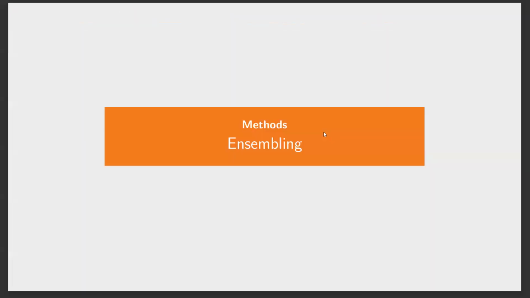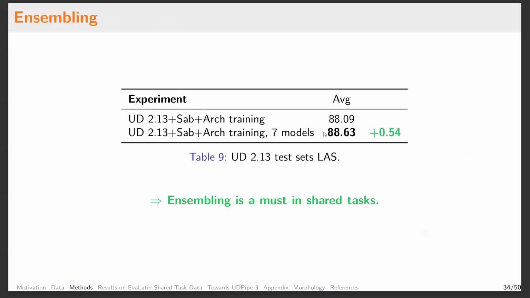So back to the dependency parsing shared task. The final trick for the shared task is ensembling. Ensembling is when you have several models, each one of them initialized randomly, independently. They have different starting weights and they all converge to a slightly different place.